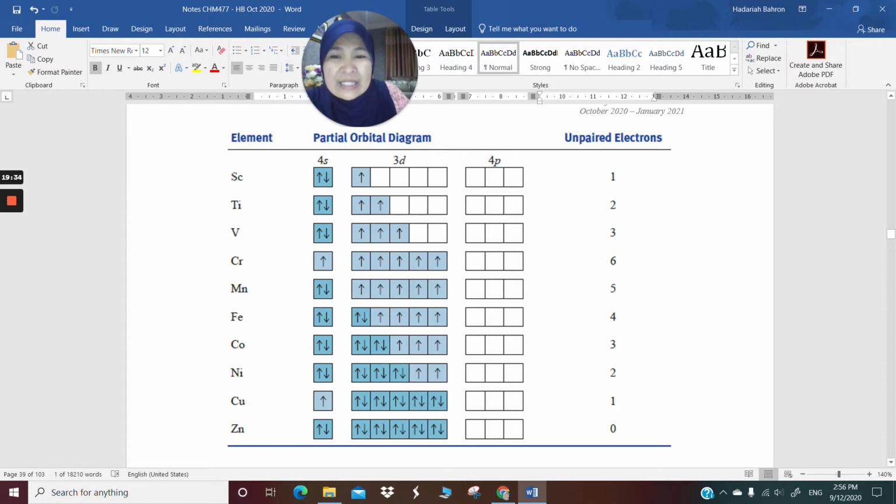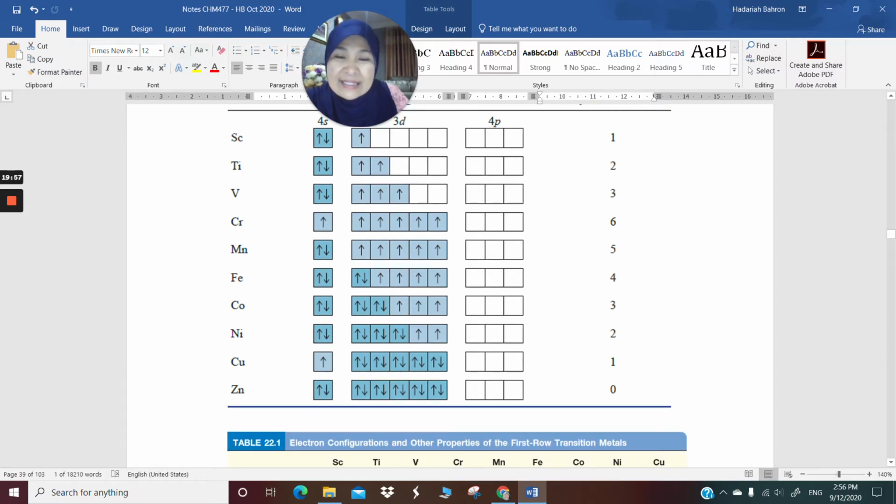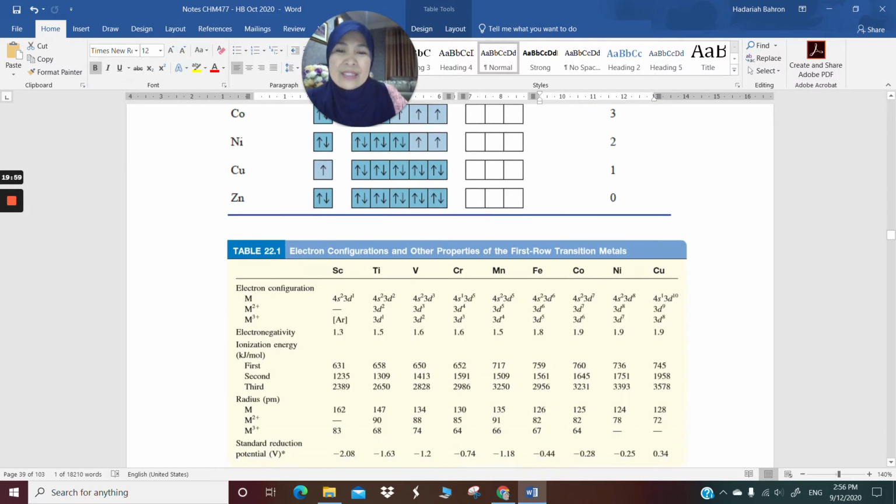So pairing up begins at iron. So instead of 5 unpaired electrons, you get 4 unpaired electrons. Cobalt 3 unpaired electrons, nickel 2, and there are no unpaired electrons for copper for the D, but there is 1 unpaired here, and zinc is 0.